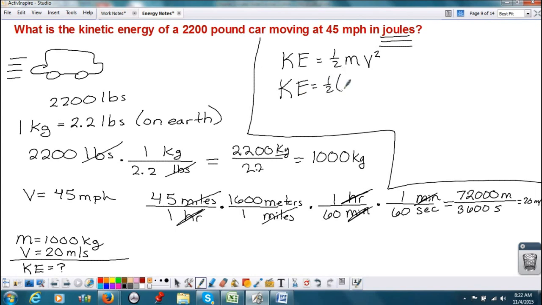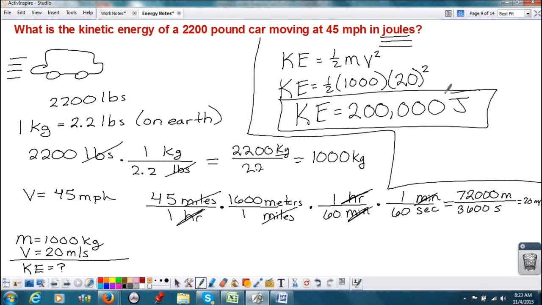The mass is 1,000 kilograms multiplied by our speed of 20 meters per second squared. Go ahead and solve that. We're going to get 200,000 joules. So a joule is a fairly small unit, considering that we've all traveled in a car at 45 miles per hour. So we've had about this much energy before.